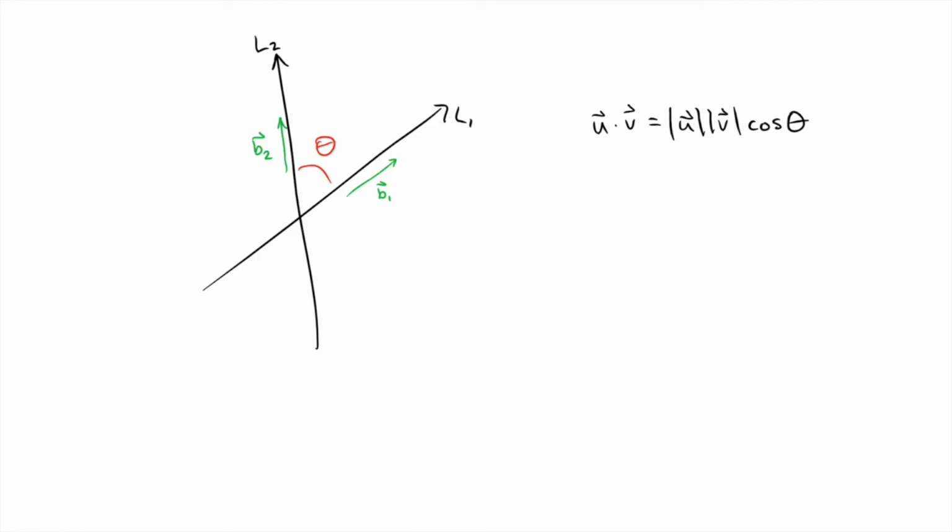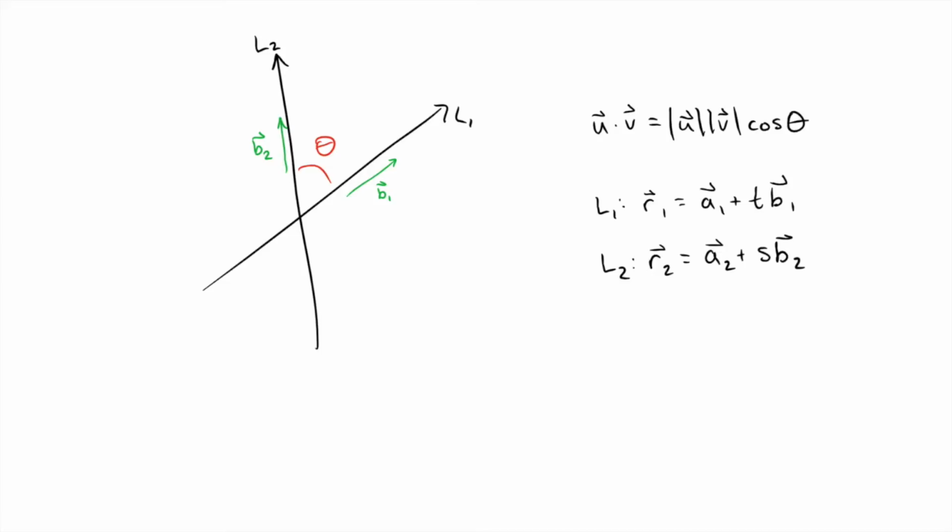Now, each of these lines is expressed with a vector equation. The line L1 would be expressed with the vector equation r1 is equal to a1 plus t times b1. And the line L2 would be expressed with the vector equation r2 is equal to a2 plus s times b2.